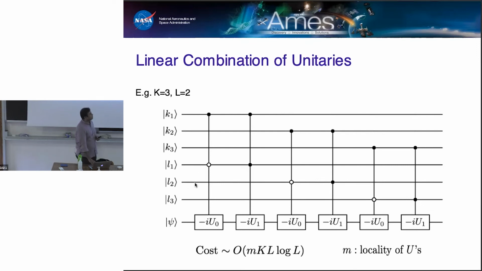So I have 3 registers, L1, L2, and L3, right? And because K is 3, I actually need K many qubits to have this part of the register. Now basically the idea is that, controlled on the first value of K, and running through all the possible L's, I will implement the particular unitaries that appear in the LCU. Okay.